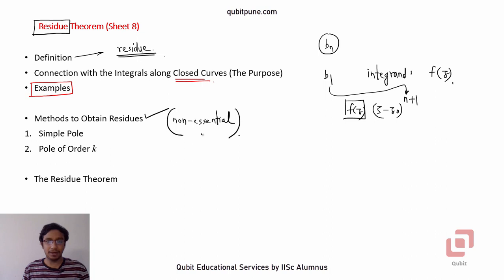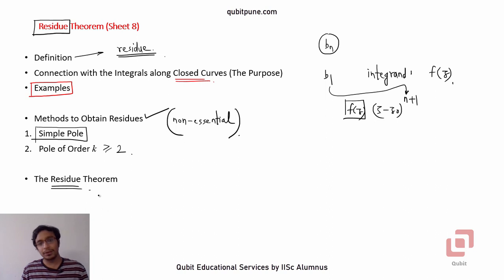All such singularities are called non-essential singularities. We are going to develop two formulas to find the residue at a simple pole or a pole of order 1, and then a more general formula to find the residue at a pole of order k, which is usually any integer greater than or equal to 2, and at last we will state the residue theorem.